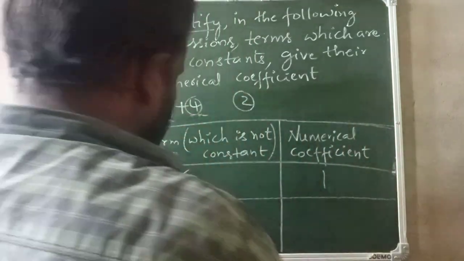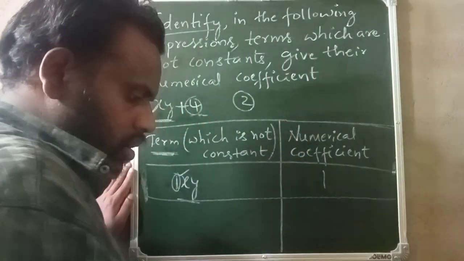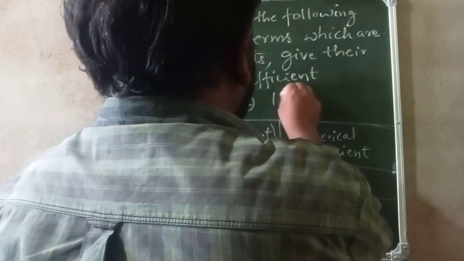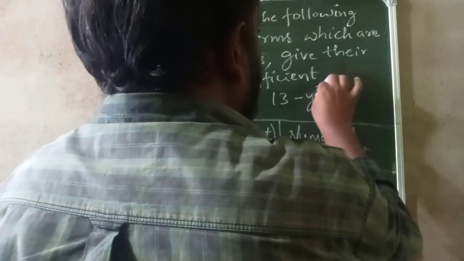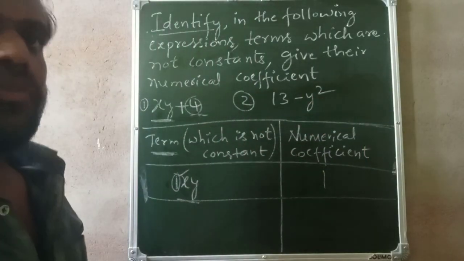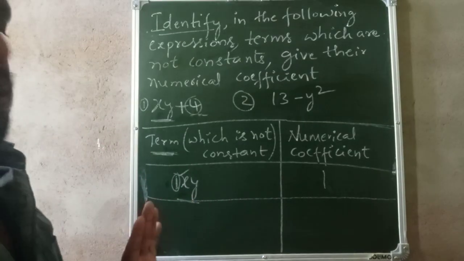Next, second one here. Another expression given is 13 minus y square. Remember, whenever you write the term here, the sign is also important.